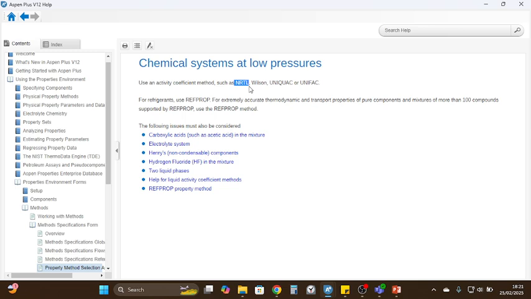The other thing that we can check is whether Wilson, Uniquac or Unifac give close answers or not. But since the question is not telling that you are using any refrigerants or anything, you shouldn't use the RefProp method, because in the second line it is specifically said that for refrigerants use RefProp. Else we can use all these methods. Are you getting what I'm trying to say?